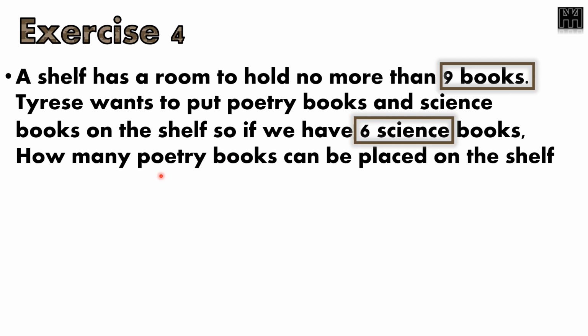The number of poetry books is unknown. So x plus 6 must be smaller than or equal to 9. We can't pass 9. We'll send the 6 to the other side, so it will be 9 minus 6. So we have x smaller than or equal to 3. So we can only place 3 or fewer poetry books. Let's represent it on a number line. We have 3 going to negative infinity. As x is less than or equal to 3, 3 is included.